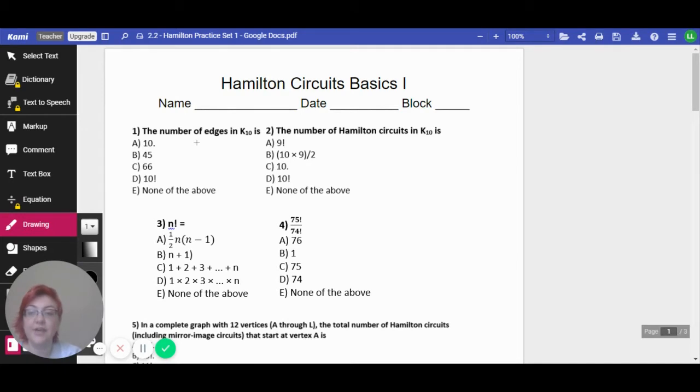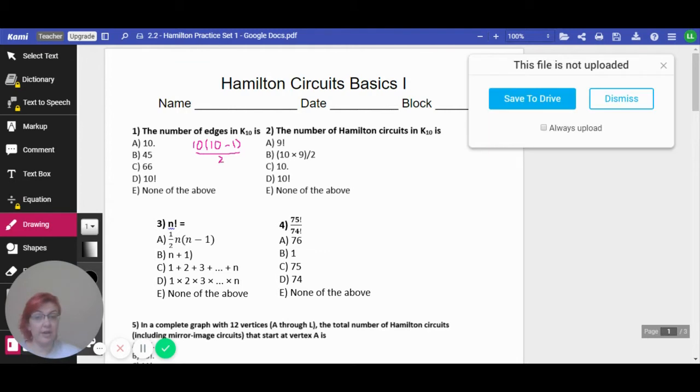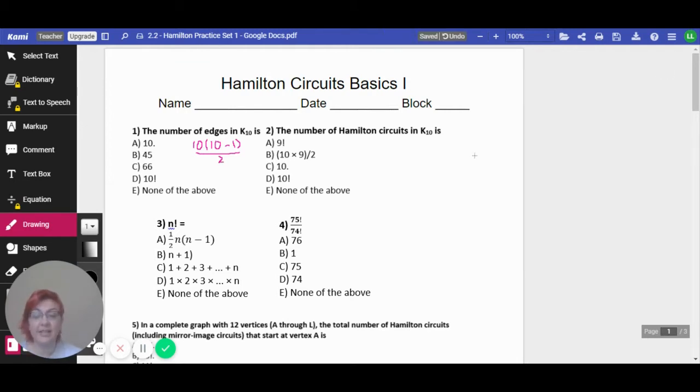Remember that to find the number of edges, we do n times n minus 1, and then we divide that by 2. We can do that in our calculator, or we can just say, oh, well, that's 10 times 9, that's 90, divided by 2 is 45. So our answer is B.